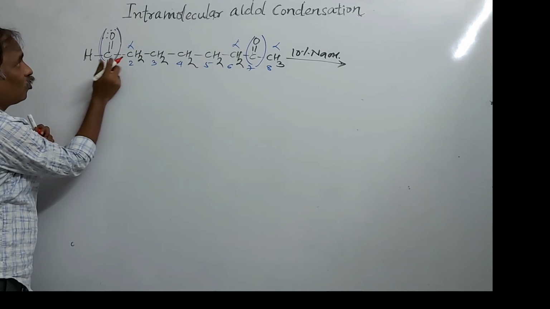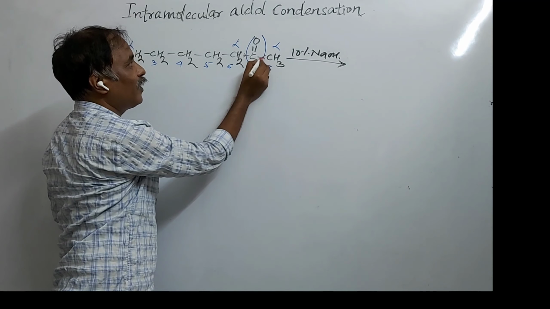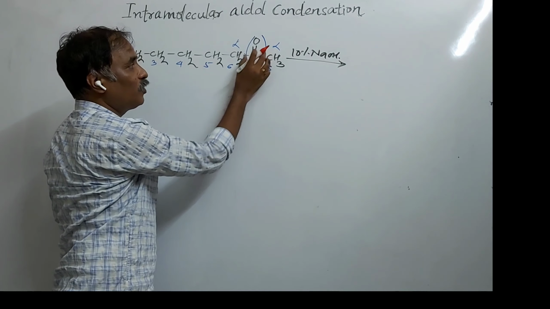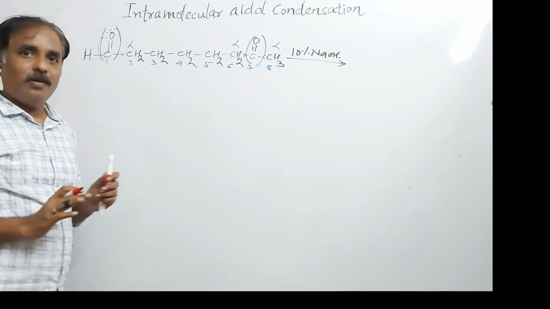Because to this carbonyl group only one alkyl group is electron donor, and to this carbonyl group 2 electron donors are there, and electron density is more around this carbonyl group. So it is less reactive, and a compulsory carbanion यहाँ से बनेगा.